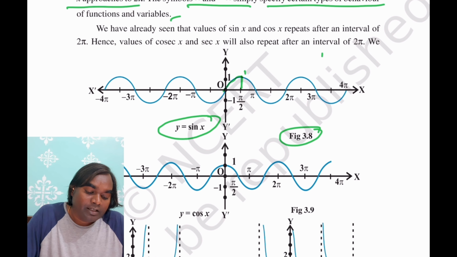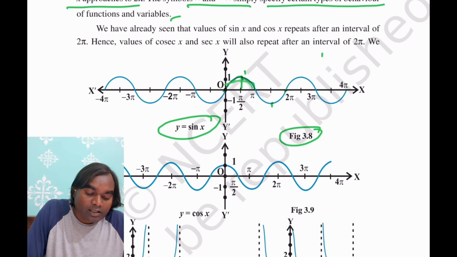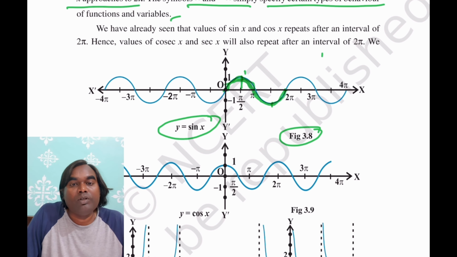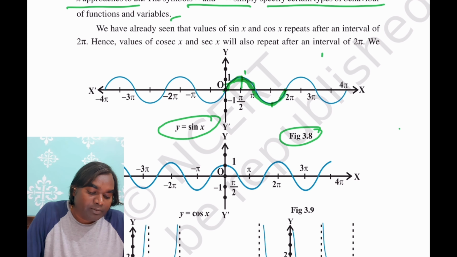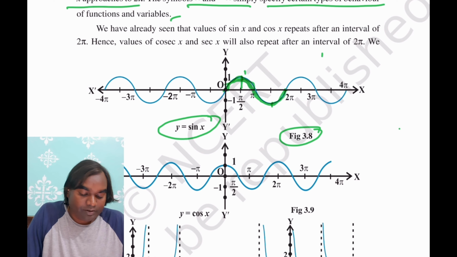From pi to 3 pi by 2, it becomes negative, minus 1, and from 3 pi by 2 to 2 pi, it comes back to the initial position. So this total completes one revolution or one cycle. Similarly, you can check it for negative angles also.